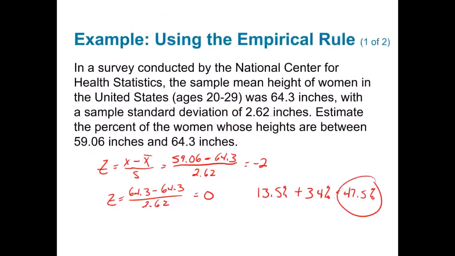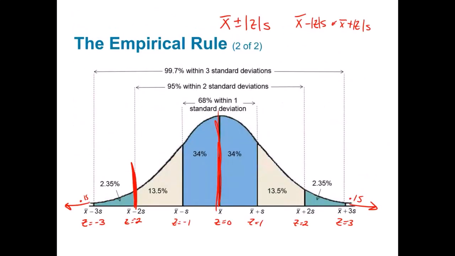Which also, coincidentally, is the same way I wrote it here, right? Mean minus, if you think of this number as K, mean minus K times standard deviation, mean plus K times standard deviation. Or I wrote it here as absolute value of Z, right? But same idea, because absolute value of Z is K.